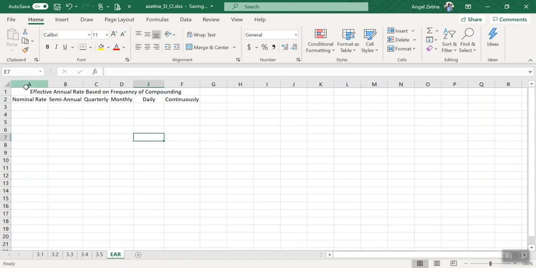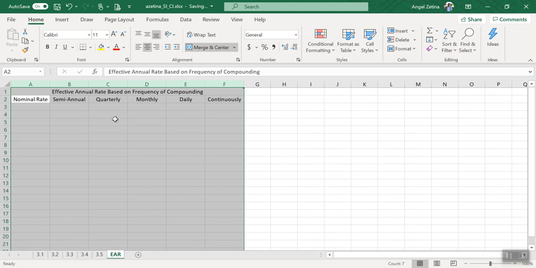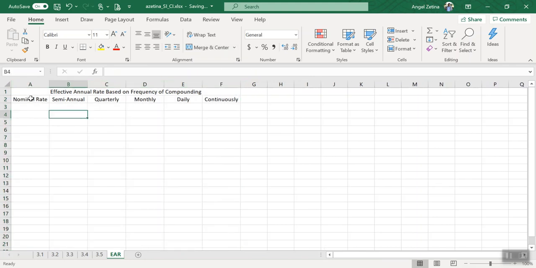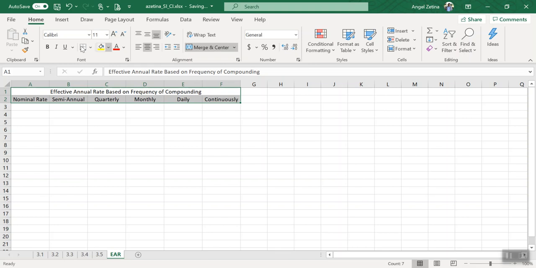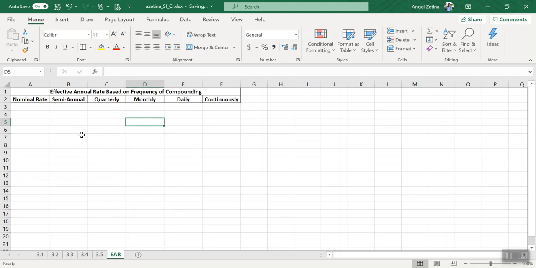We can also select them and have the same width in this manner. Okay, so once again, select all of them and just expand it or compress it however you like. Okay, let's bold these just to highlight the cells. We can add borders so it's more clear and identifiable.